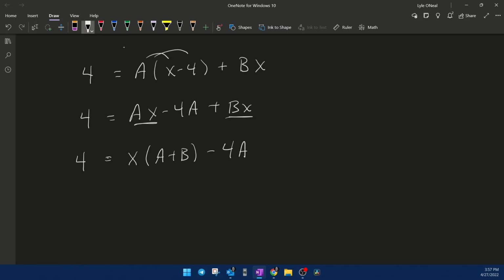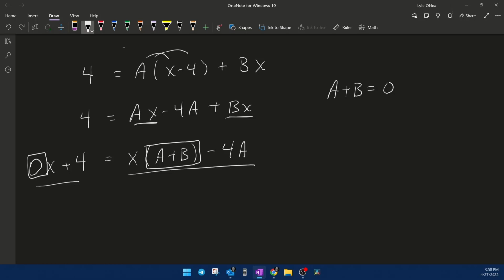Now, what I want you to notice is that on the left-hand side, there is no x term. So in order for the left-hand side to equal the right-hand side, the coefficient of x has to equal the coefficient of x. And from that, we can get an equation: a plus b would have to be 0.